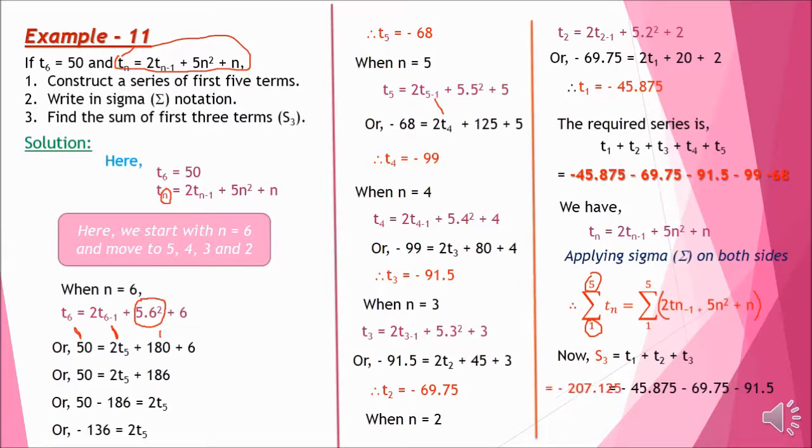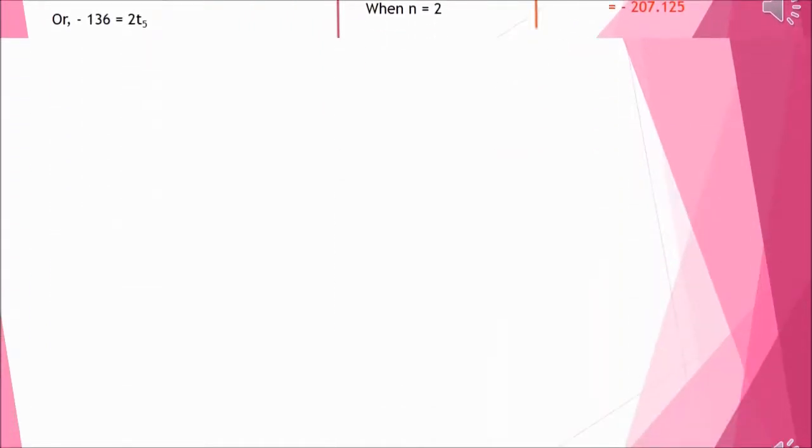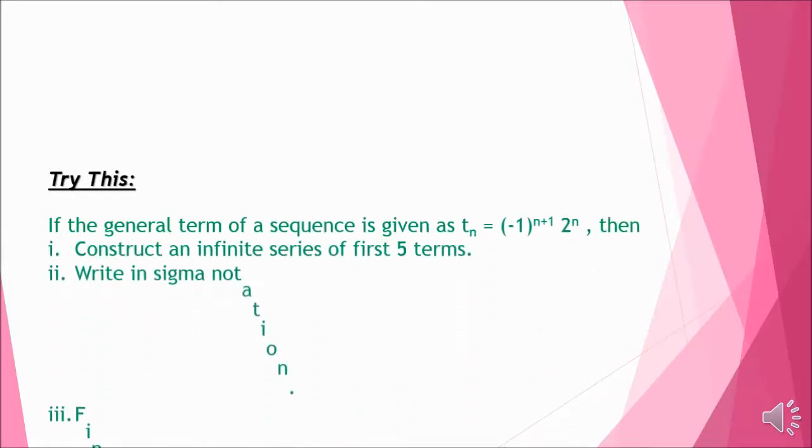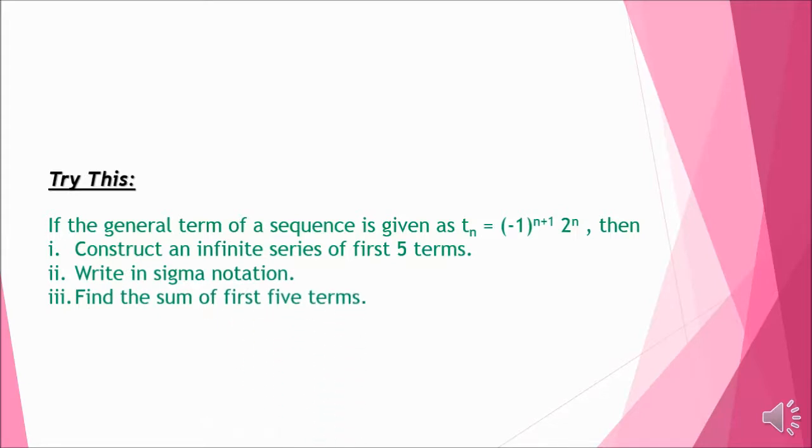You can find 5 terms by applying n equal to 1, 2, 3, also use the values of n as 4 and 5, and then you have to write dot dot dot for the infinite series. After finding 5 terms and the sigma notation, you can also apply the sum of the first 5 terms.